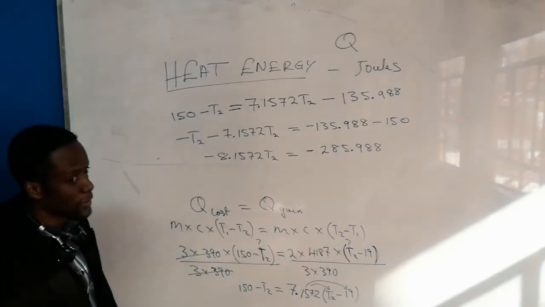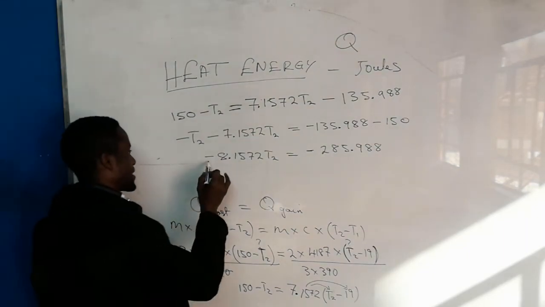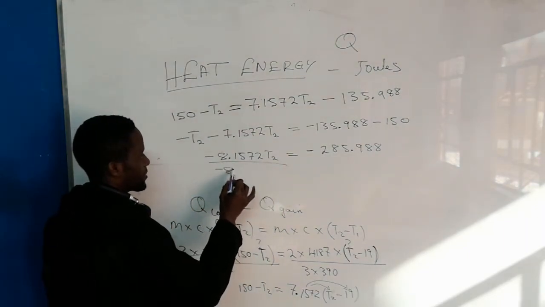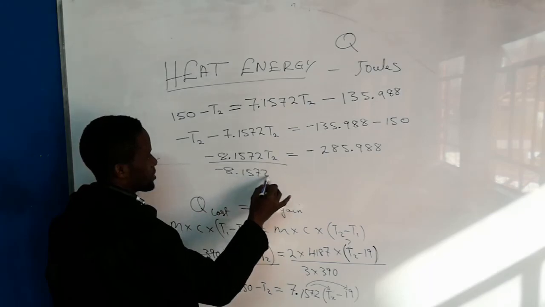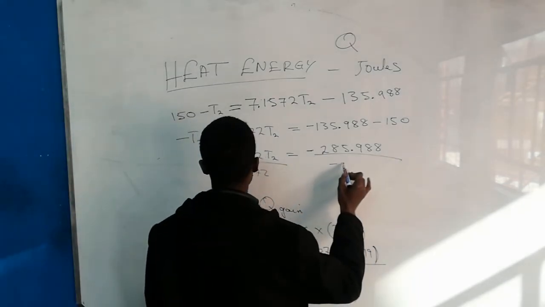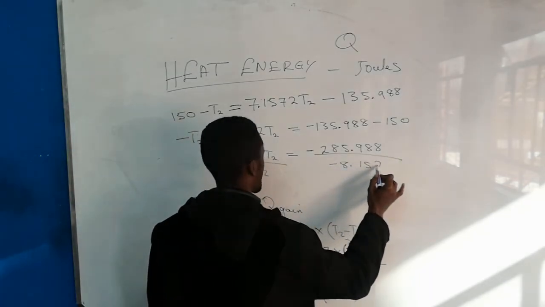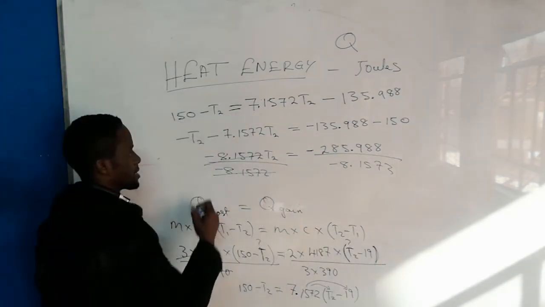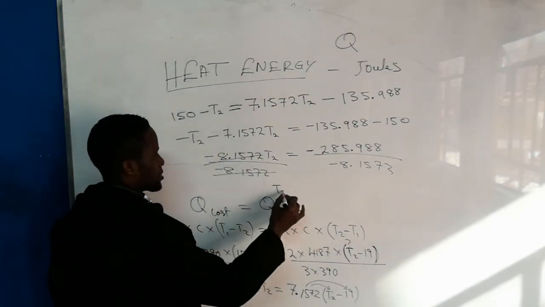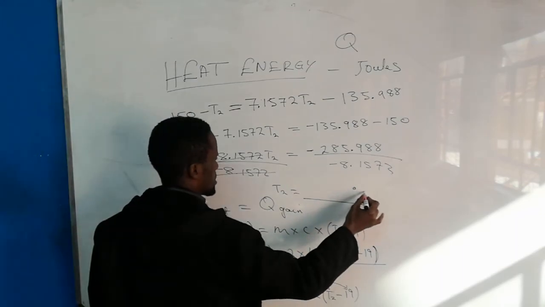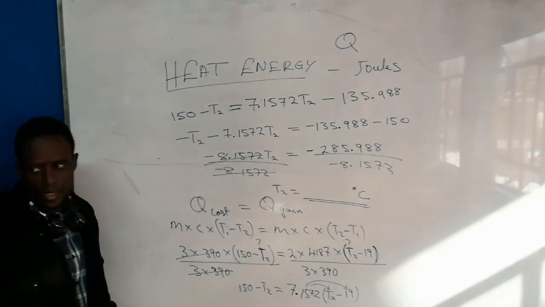I hope we are together. We divide by how much? Negative 8,1572. We divide this side by negative 8,1572. This and that will cancel the negative. Our T2 is a positive and it is in degrees Celsius.